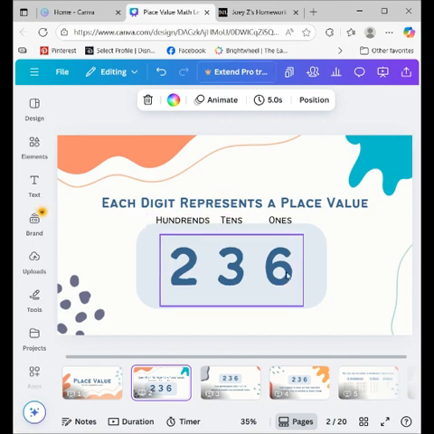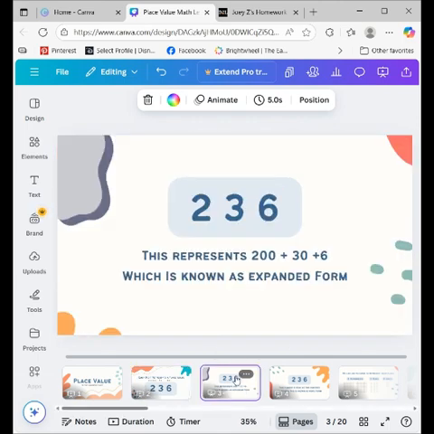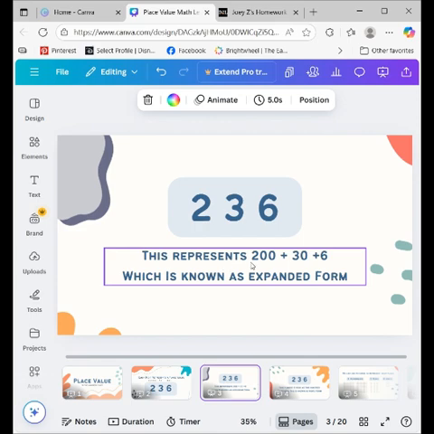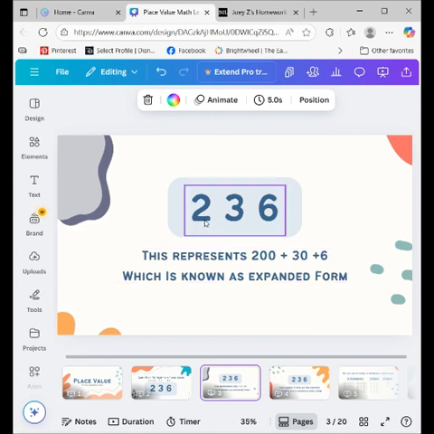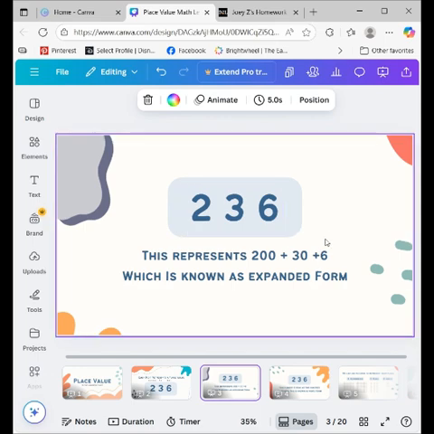The 6 is in the ones place, the 3 is in the tens place, and the 2 is in the hundreds place. So this represents 200, 3 tens, and 6 ones, which is known as the expanded form.